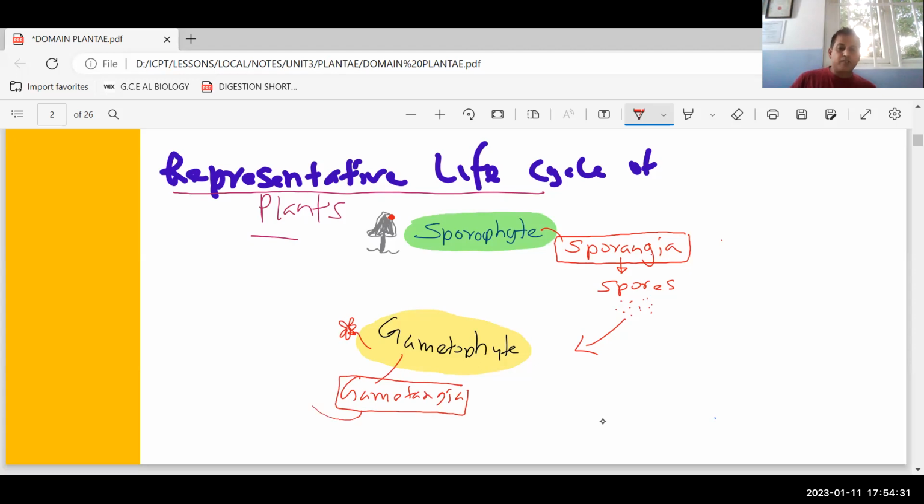And gametangia produce gametes. So when gametes are produced, they are separated into male and female parts. The male part is considered as antheridia.